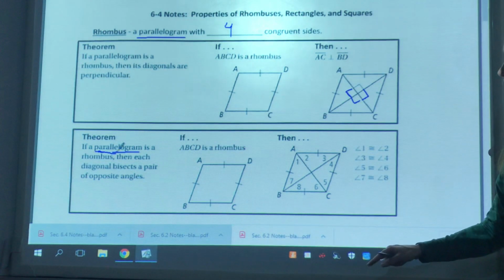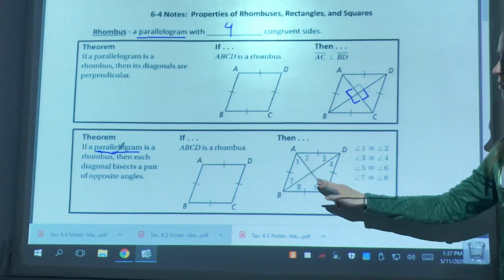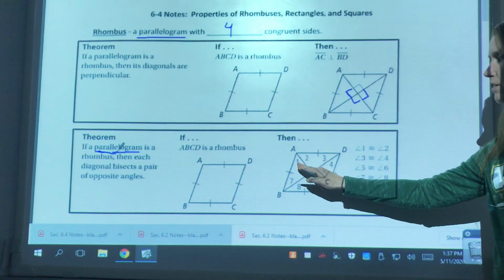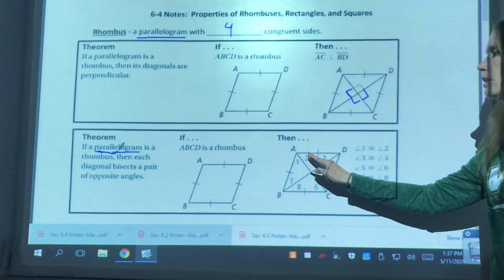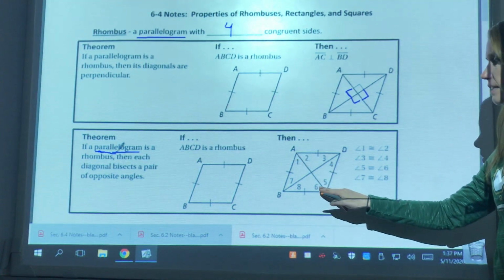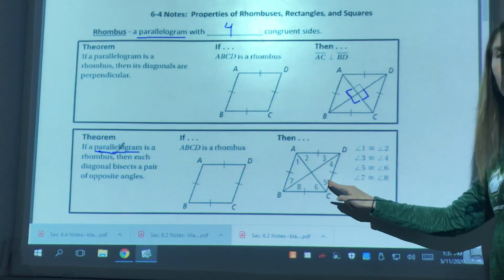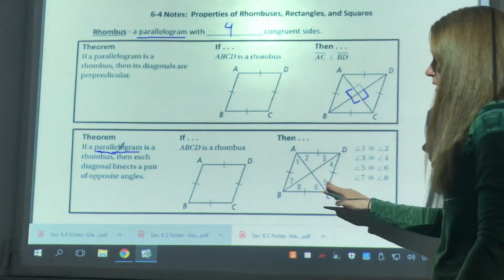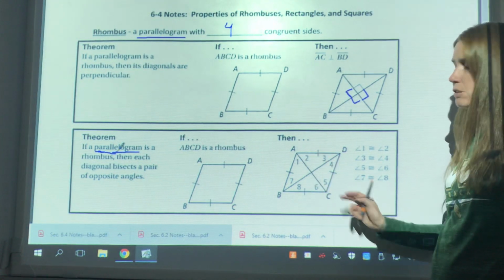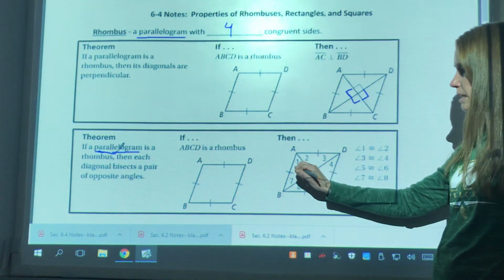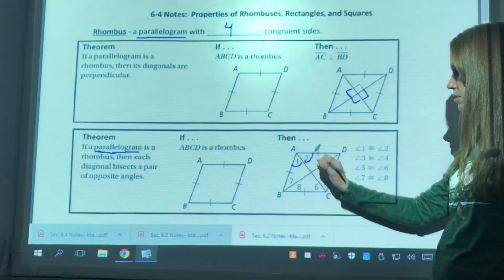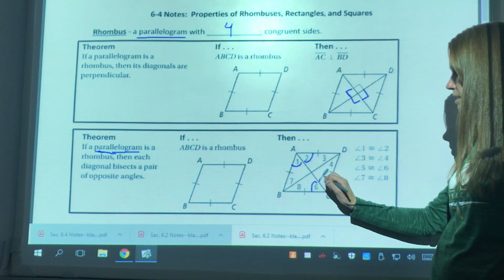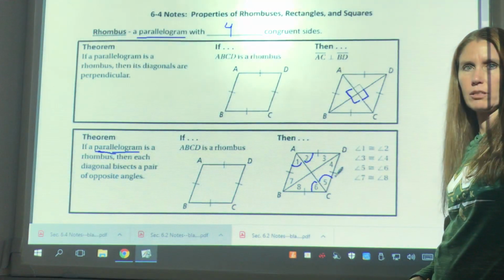Okay, so it's showing me that this diagonal's cutting this angle in half, which means these 2 are congruent, and this diagonal's cutting this angle in half, which means these 2 are congruent. Okay, but I also already know from a parallelogram that opposite angles are congruent to each other. So that technically means that all 4 of these little guys have to be congruent to each other.